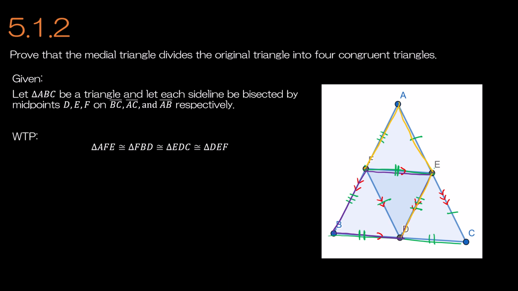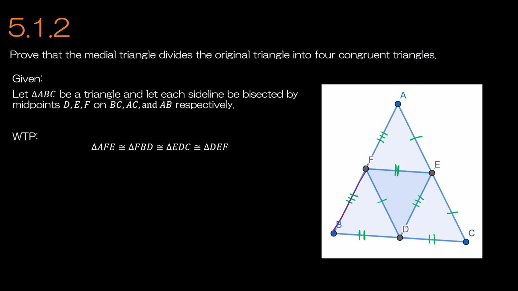So if I get rid of all of the other hubbub, which can make it a little bit confusing, if I only keep those green markings that show which segments are congruent, it becomes pretty clear to me that each of those triangles has one side line marked with 1 line, one side line marked with 2 lines, and one side line marked with 3 lines, and therefore they are congruent.